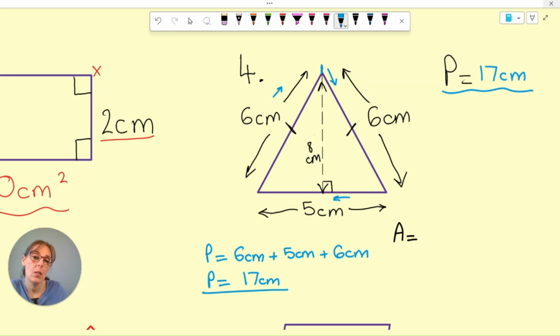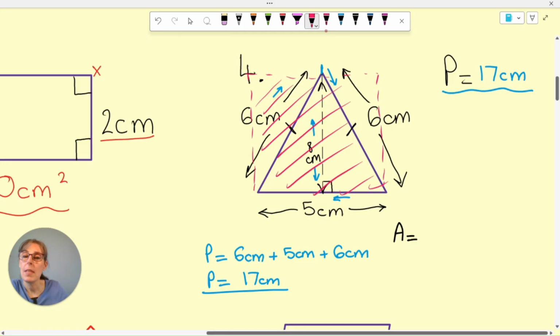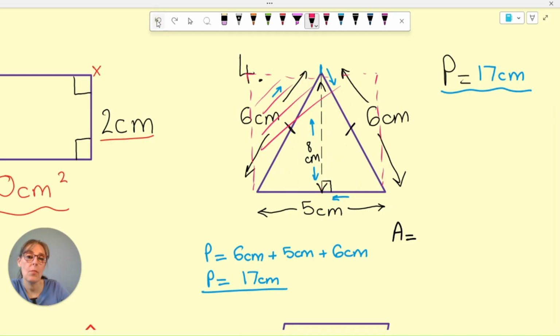We know the height, that height there is 8 centimeters. But if we calculate the height without doing anything to it and calculate the length, we end up with this space here. But that's not what we're given. That's not everything that we have.